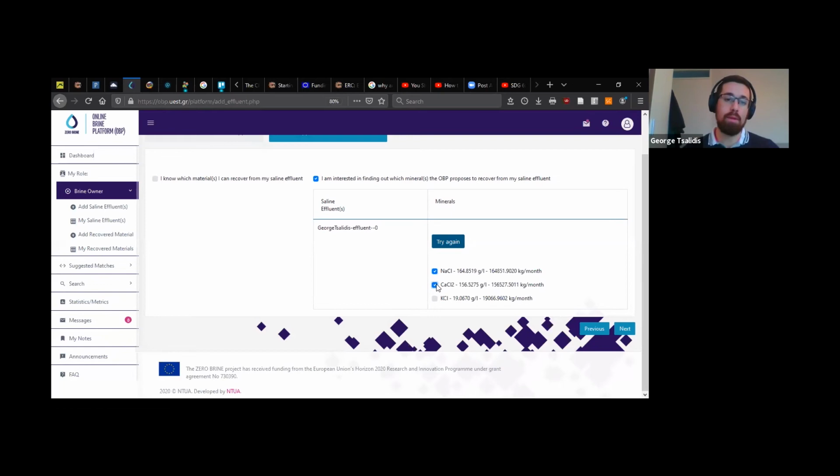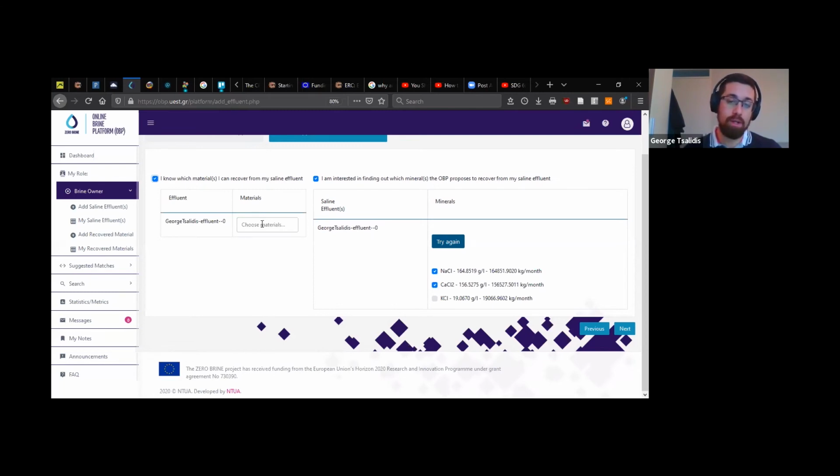And let's say at the same time that in this hypothetical example, I also know what kind of materials exist in my brine and I can recover. And then for effluent 0, still the same brine source.